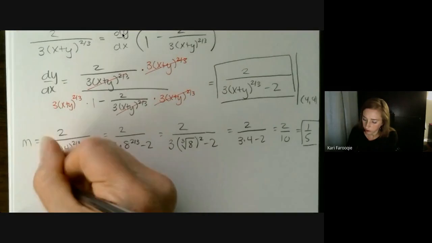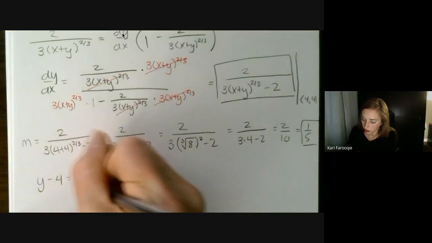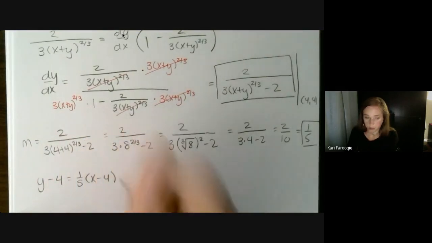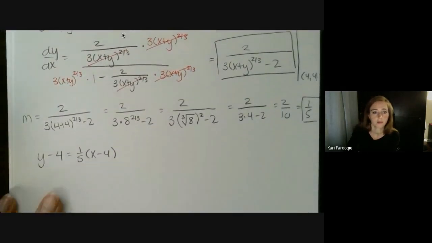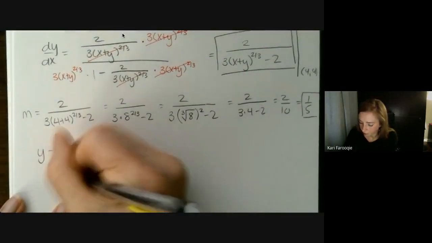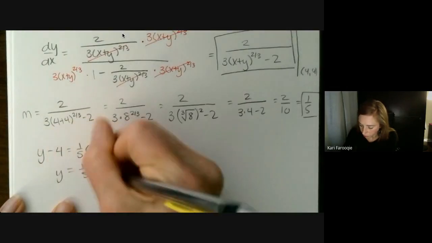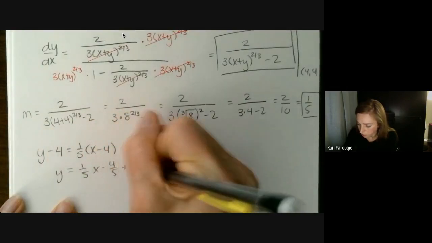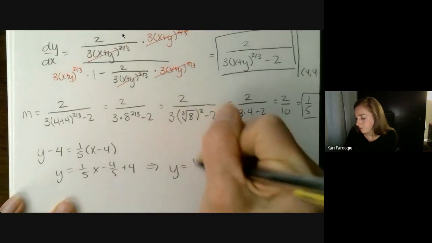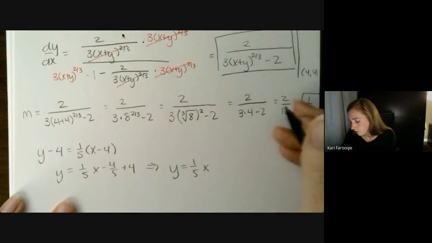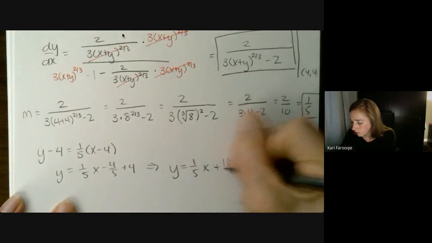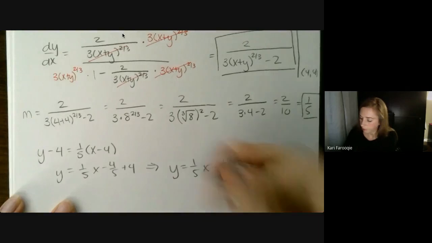And then you'll just write the equation for your tangent line the way that you always would. One-fifth x minus 4/5 plus 4, which is 1/5 x minus 4/5 plus 20/5, so plus 16/5.